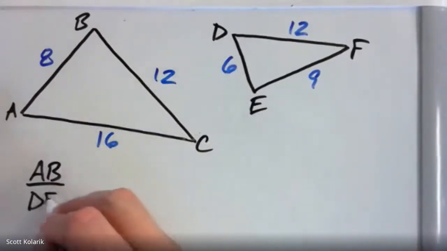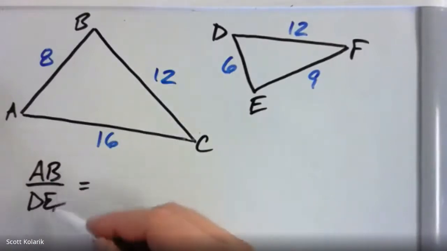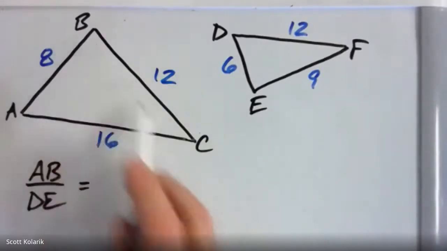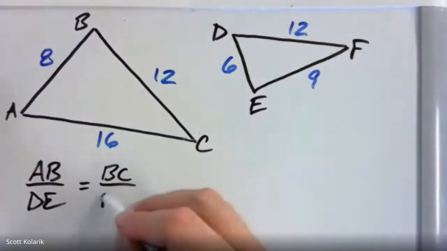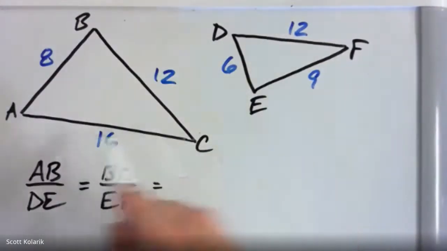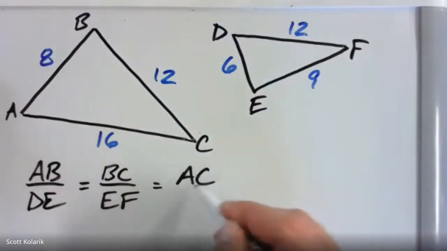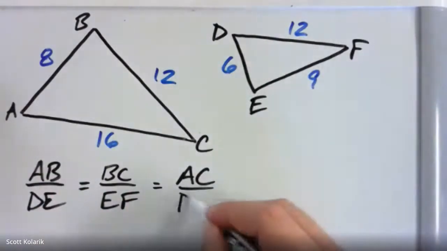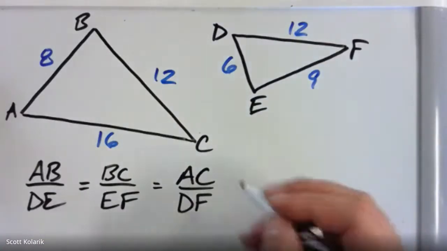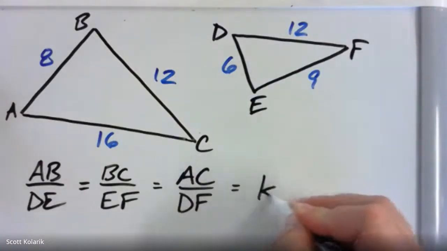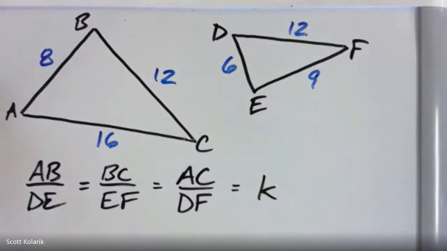And whatever that ratio equals is going to be the same as BC to EF, which is going to be the same ratio as AC to DF. And whatever each of these three ratios reduce to, that's ultimately going to come out to whatever my scale factor K is. Hopefully this statement of proportionality rings a bell from a previous section we talked about earlier last week.